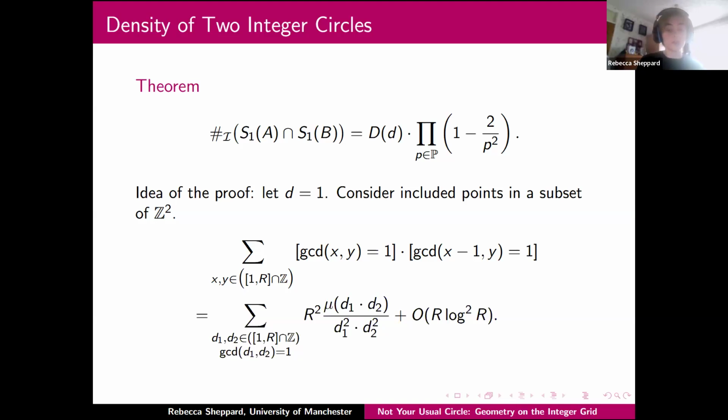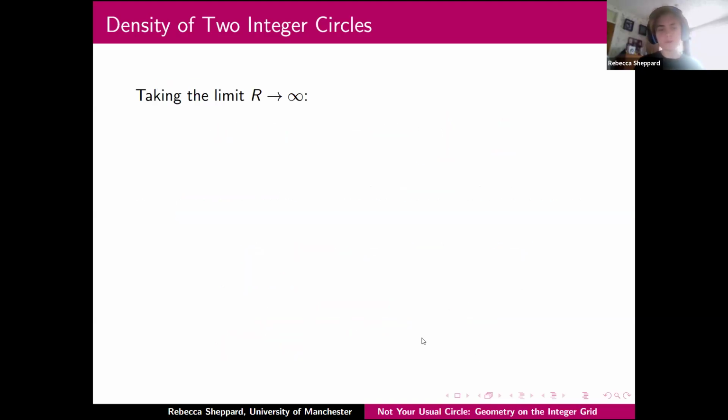So here this is equal to this expression, so we take d1 and d2 belonging to the same set as 1 to r, and we say that these are coprime anyway. Then we have that it's r mu of d1 d2 divided by d1 squared d2 plus o of r log squared r. There's a lot of number theory that we did to get between this point and this point.